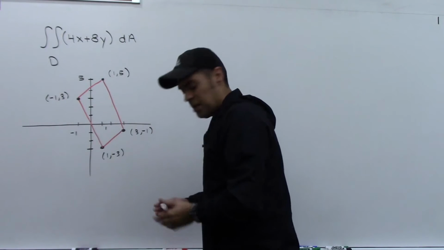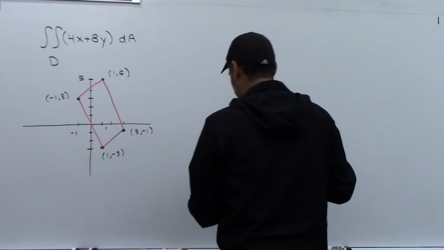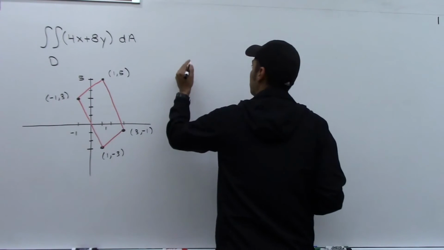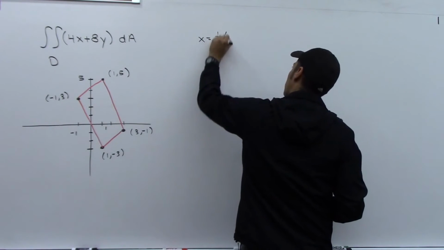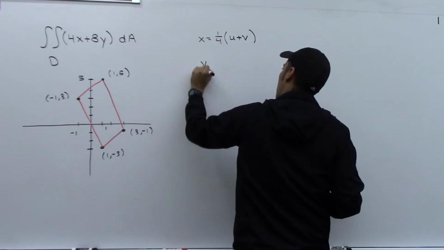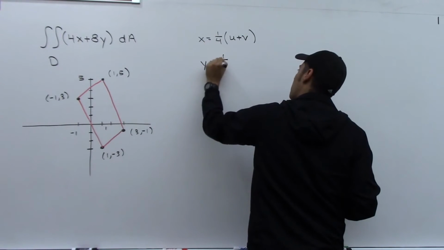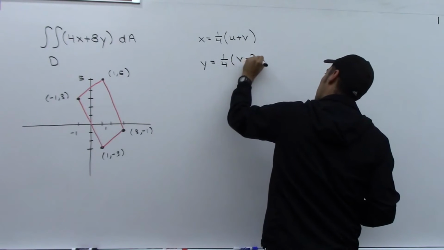And we want to do this double integral, but here's the change of variables, okay? We're going to make x be equal to 1/4 u plus v. We're going to make y be equal to 1/4 and then v minus 3u.